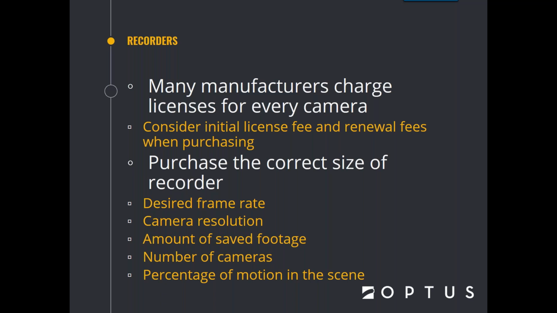Camera resolution: are you recording in high def, or in motion JPEG? Also, the amount of storage you want to save: do you want to save 1 day, or 30 days? How many cameras you have on the network, and what percentage of motion is in the scene. Is the camera looking at a room that doesn't have very much movement, or are you shooting a busy street or a busy parking lot?